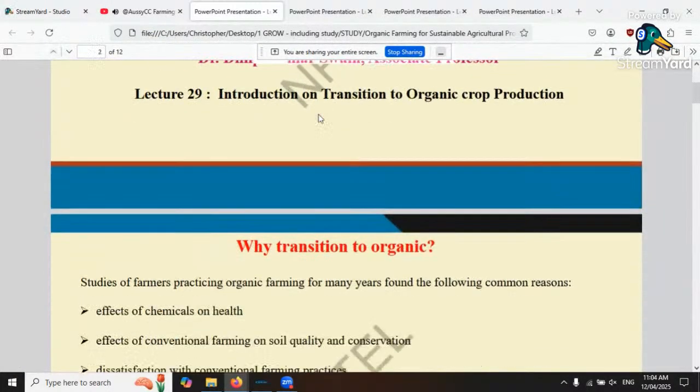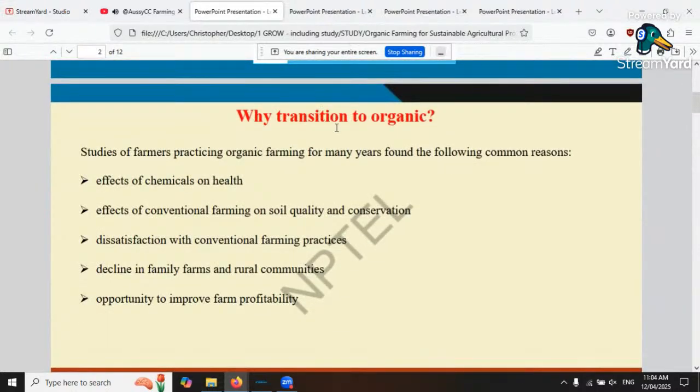Organic farming for sustainable agricultural production. So why should you transition to organics? Well, studies of farmers practicing organic farming for many years found the reasons: the effects of chemicals on health, the effects of conventional farming on soil quality and conservation, dissatisfaction with conventional farming practices, decline in family farming in rural communities, and opportunities to improve farm profitability.